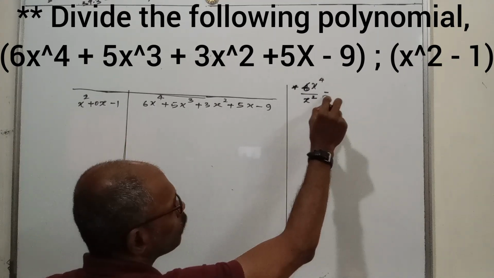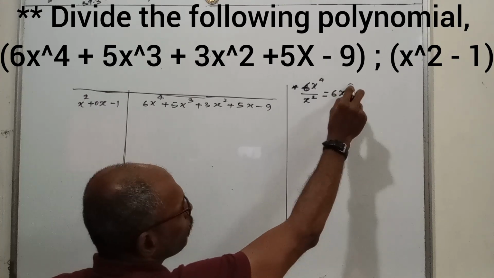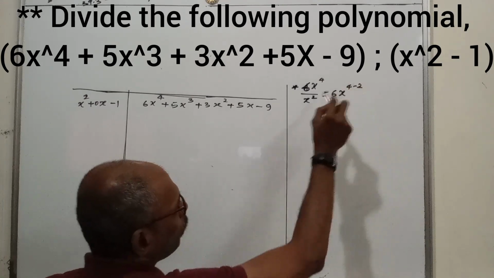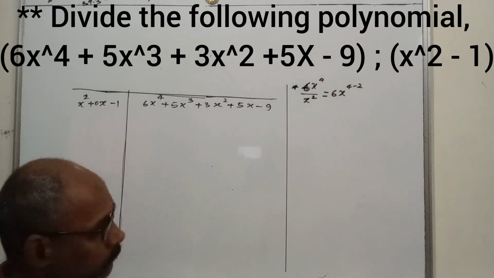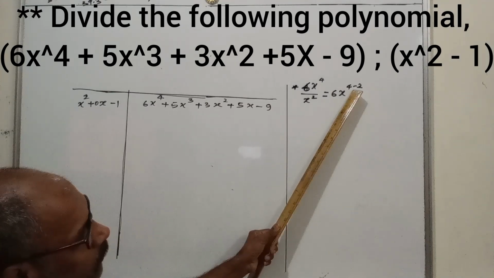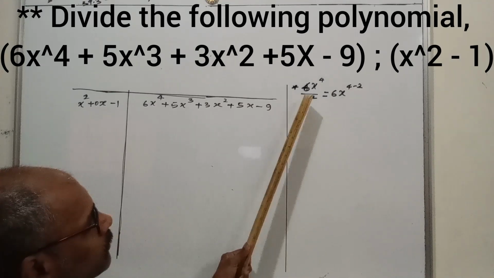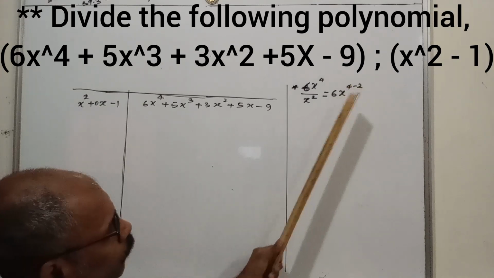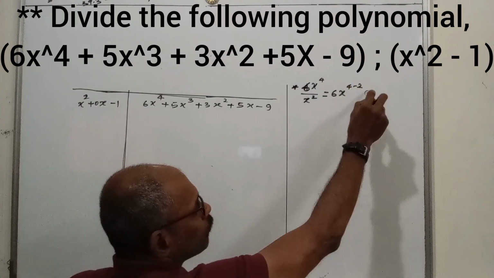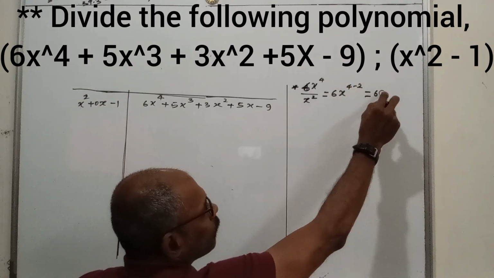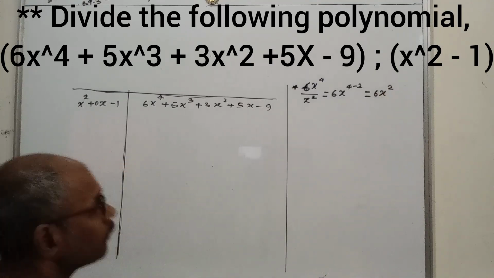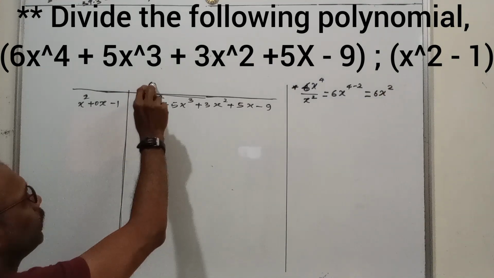Then we use laws of indices. When dividing, we write subtraction, 6x raised to 4 minus 2, 6x square. Immediately write here.